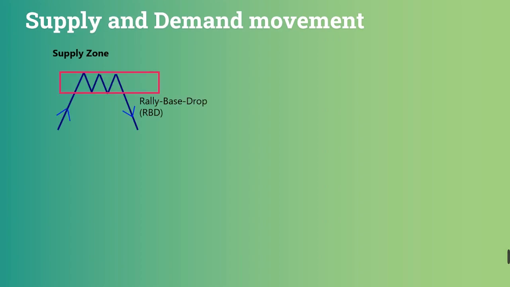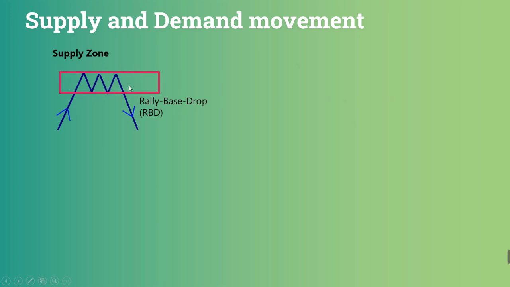The supply and demand movement actually consists of only four types of movement. Very, very simple. The first type of supply zone is a rally base drop. It's very simple: a rally, then a base, and then a drop. The top area here is what we define as a supply zone.